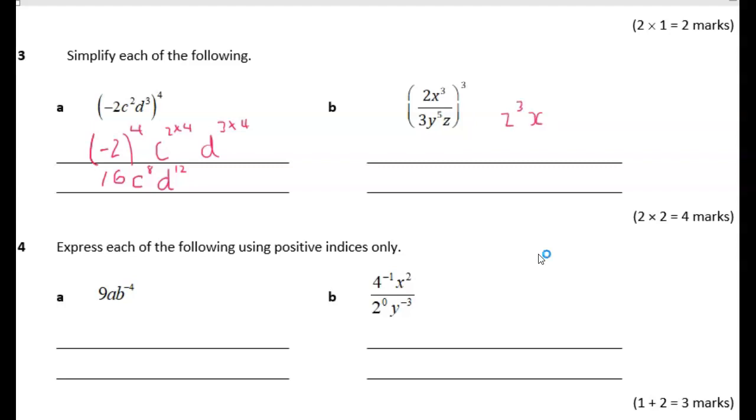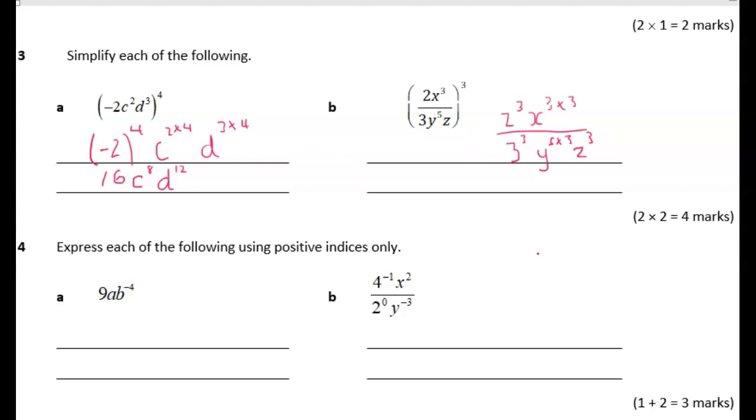You don't have much space to draw the fraction. Then we've got x to the power of 3 times 3. Okay, so 2 to the power of 3, x to the power of 3 times 3 all over, and then the same on the denominator. So 3 to the power of 3, y to the power of 5 times 3, and then z to the power of 3.